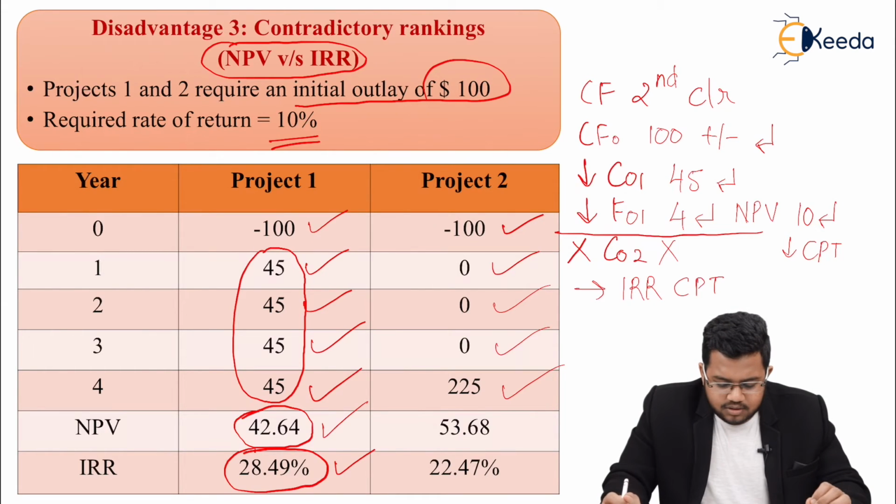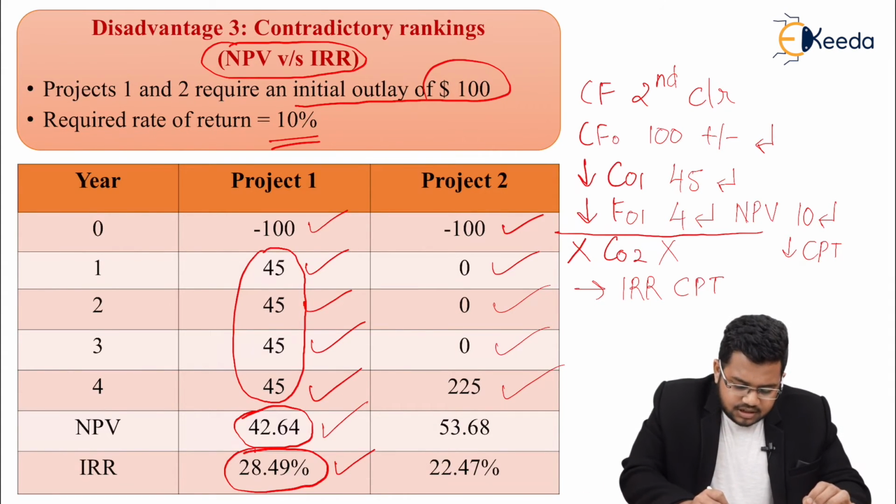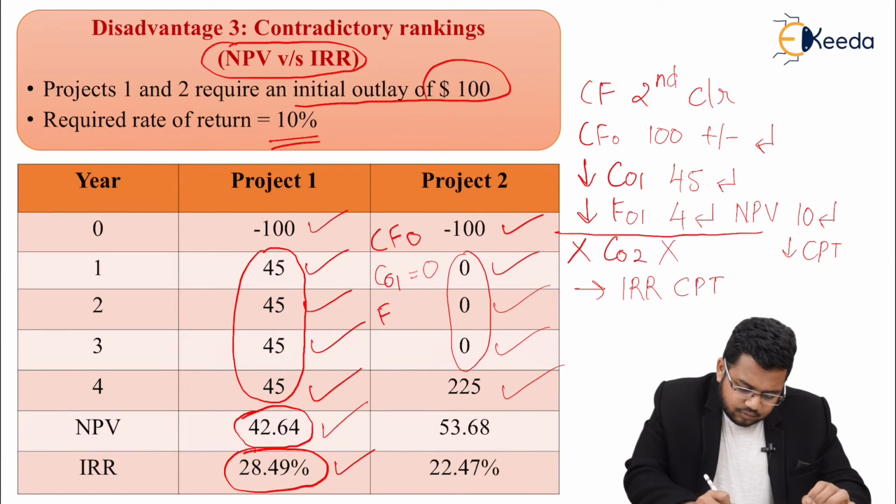Similarly, you can pause the video and try for the second project. Now for the second project I will give you a hint. For the second project CF0 is negative 100. C01 would be 0, but 0 has been repeated 3 times. So frequency of first cash flow would be 3.